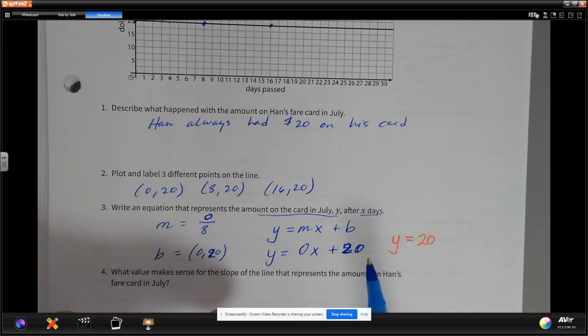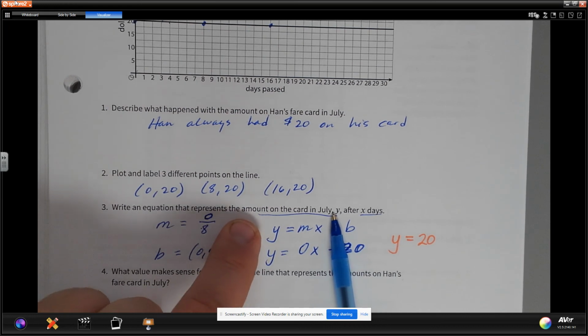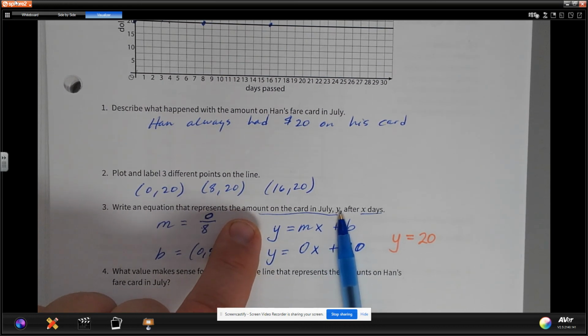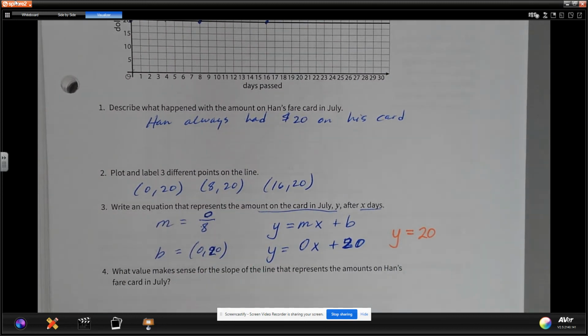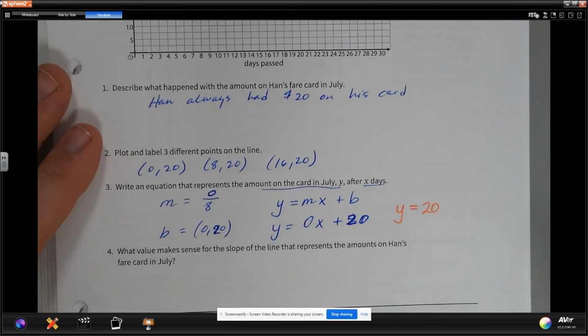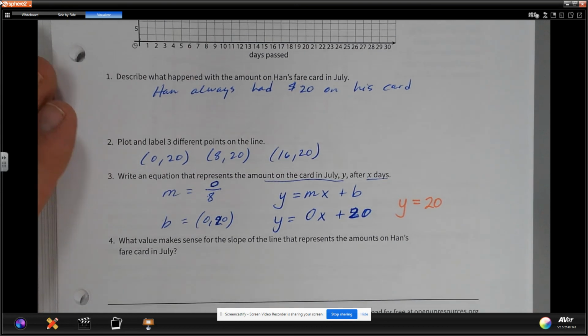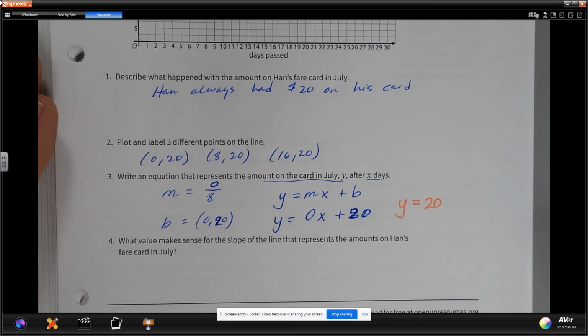It says if y is the amount of money on the card, we can see that the amount of money on the card is equal to $20 for the entire month of July. So what values make sense for the slope of the line that represents the amount on Hans' fare card in July? The only value that makes sense for the slope is anything.